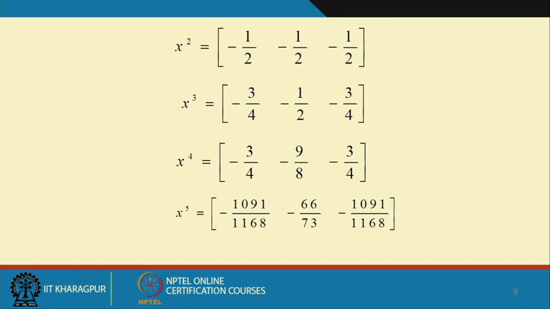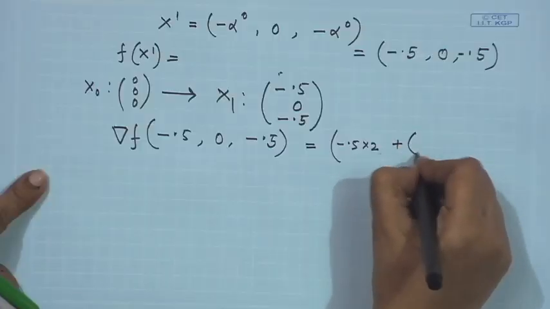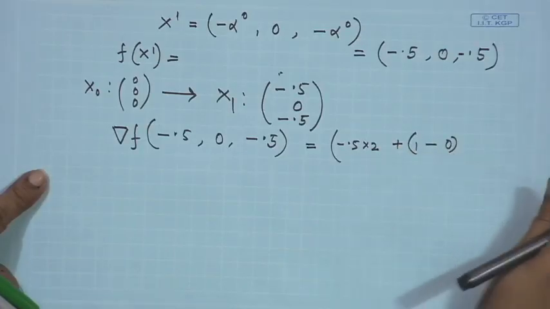Now, if we find it out, what was my delta f 1? Delta f by delta x 1 has the value 2 x 1 plus 1 minus x 2. If I substitute, it would be minus 0.5 into 2 plus 1 minus 0. This is one point.